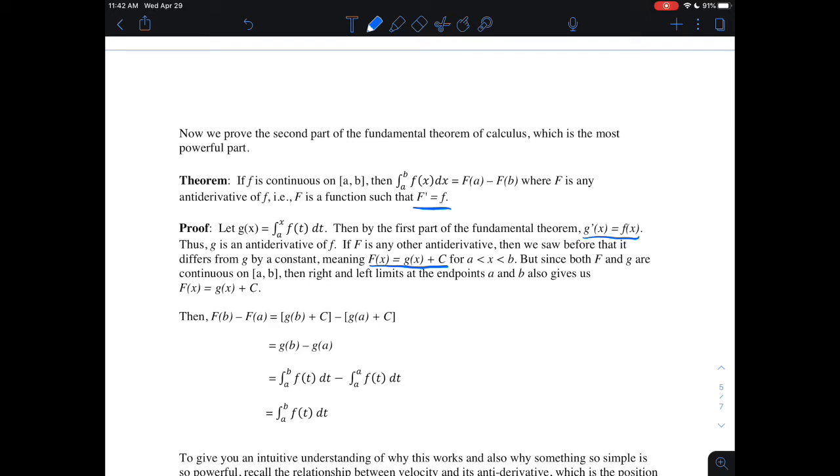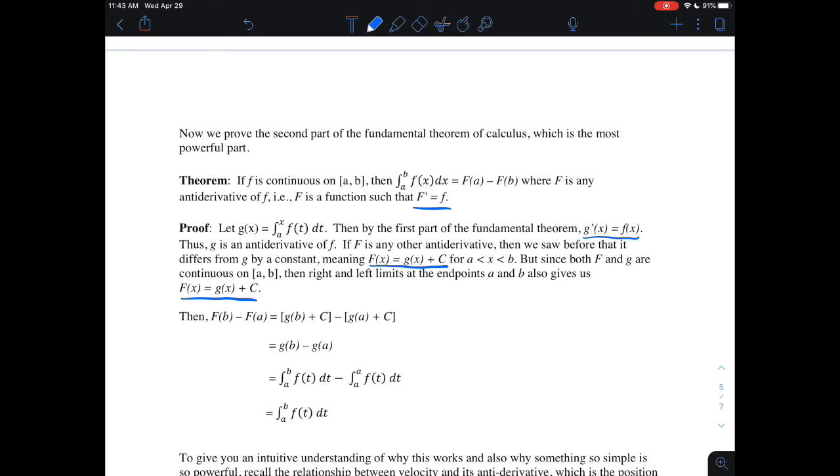Also, since f and g are continuous on the closed interval a, b, then the right and left limits at the endpoints a and b also give us the same result. Capital F of x is equal to g of x plus c. So then, evaluating capital F of b minus capital F of a will just be g of b plus c minus g of a plus c, where the constants cancel out and just leave you g of b minus g of a.